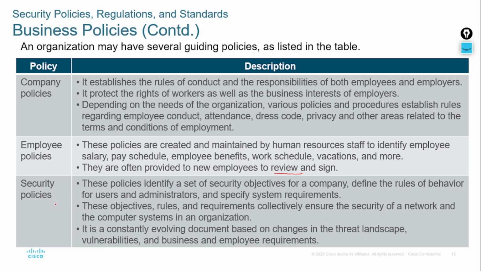These security policies don't remain constant. They are always evolving. They'll keep changing based on the threat landscape, the vulnerabilities, and business and employment requirements, because these things keep changing. The threat landscape will always keep changing, and that's why you always have to be updated on what is new.